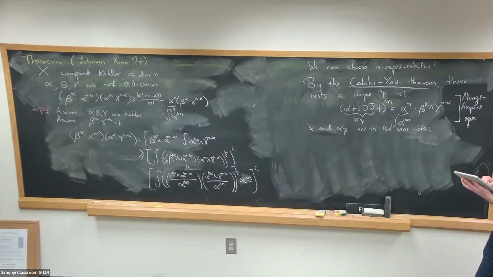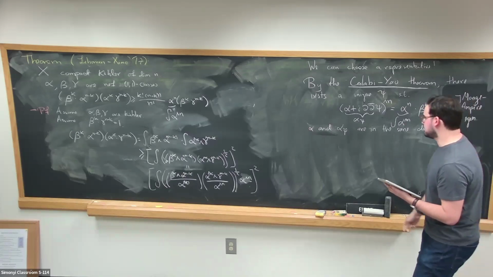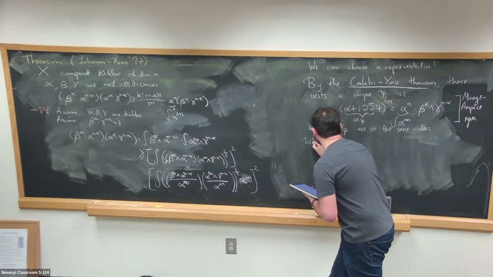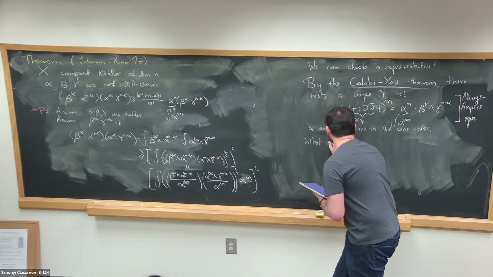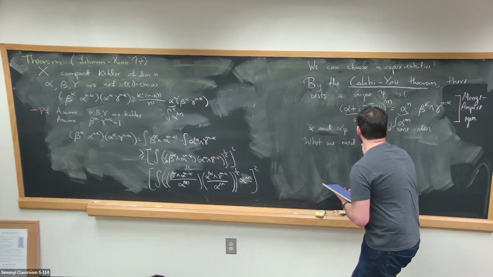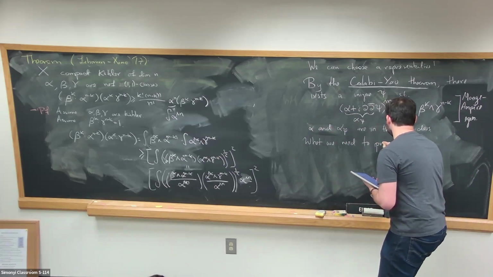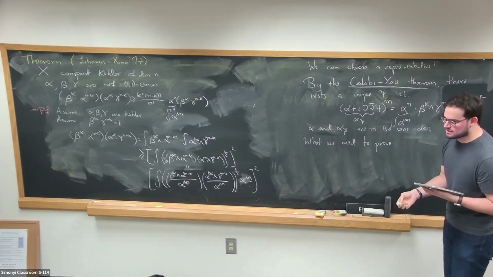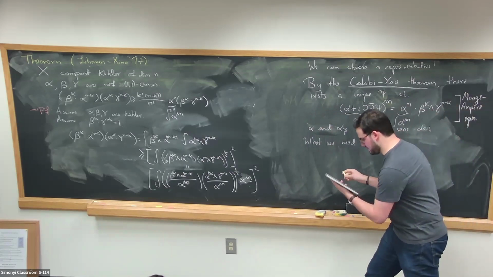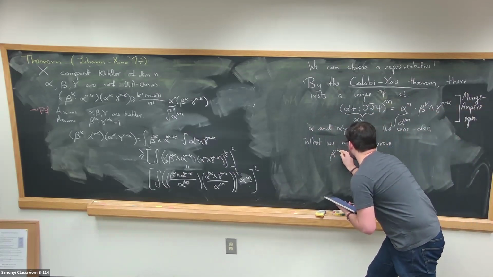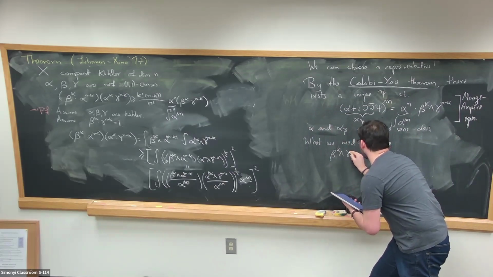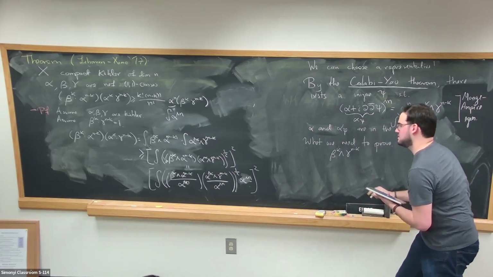And more importantly, then what we need to prove, or not what we need to prove, but something sufficient, should be something like beta to the k wedge gamma to the n minus k.